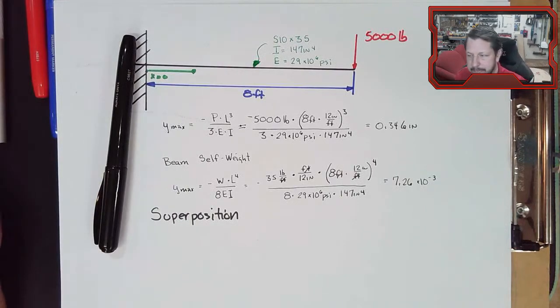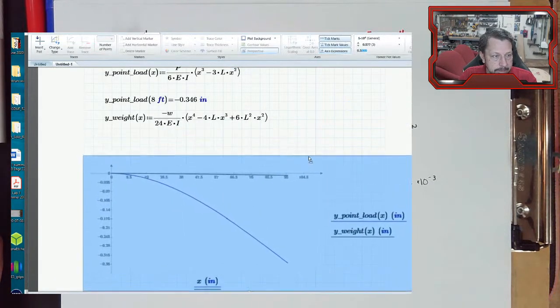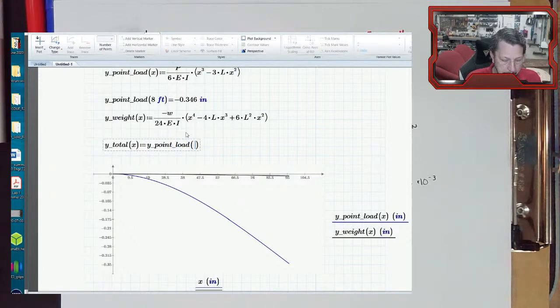So if we go back to MathCAD, you would quite literally have an equation y total as a function of x is equal to y point load plus y from the weight.